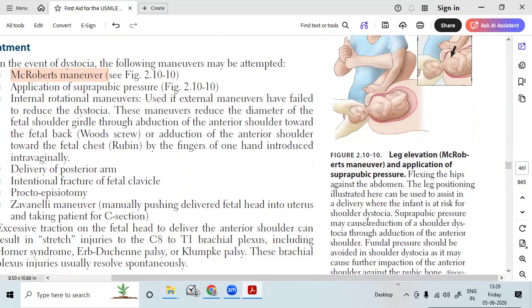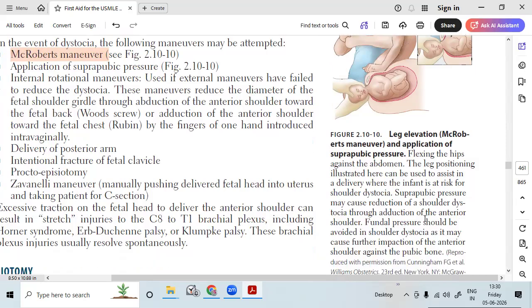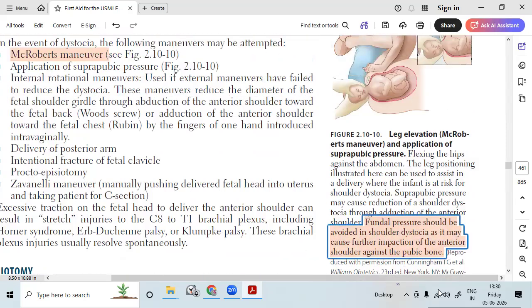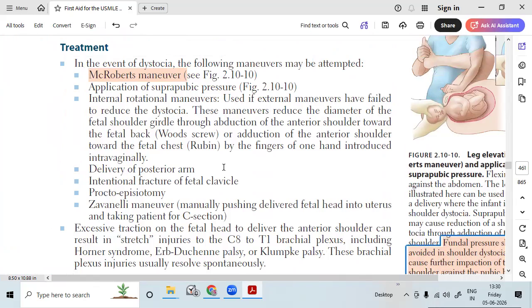Suprapubic pressure may cause reduction of the shoulder dystocia through adduction of the anterior shoulder. You can see the shoulder dystocia there. Fundal pressure should be avoided in shoulder dystocia as it may cause further impaction of the anterior shoulder against the pubic symphysis. Note that fundal pressure is contraindicated here, so do not press this area.